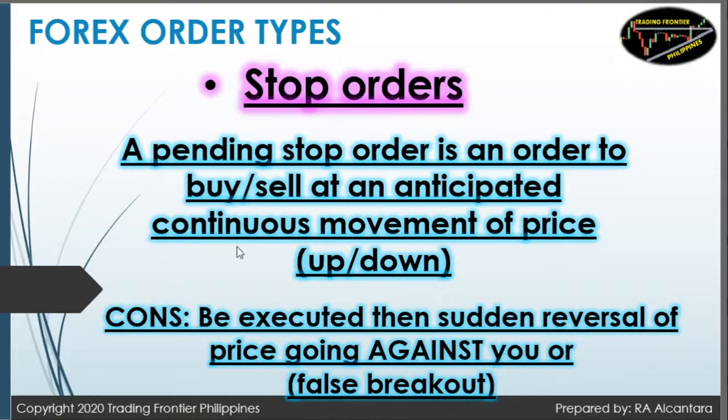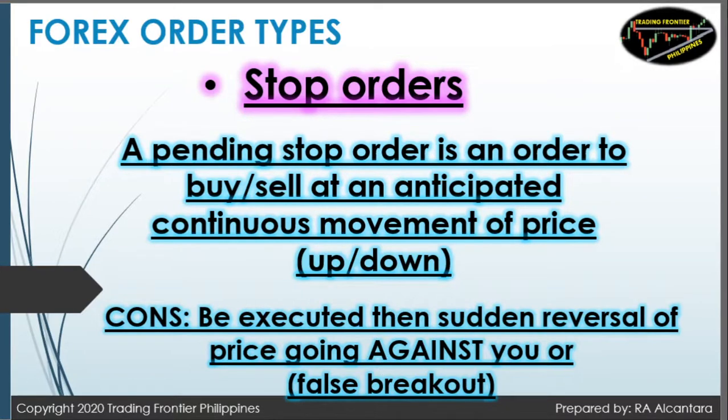So again, as a disadvantage of stop orders, sometimes the price might go your way temporarily and then suddenly reverse against your direction. We can consider it a false breakout.